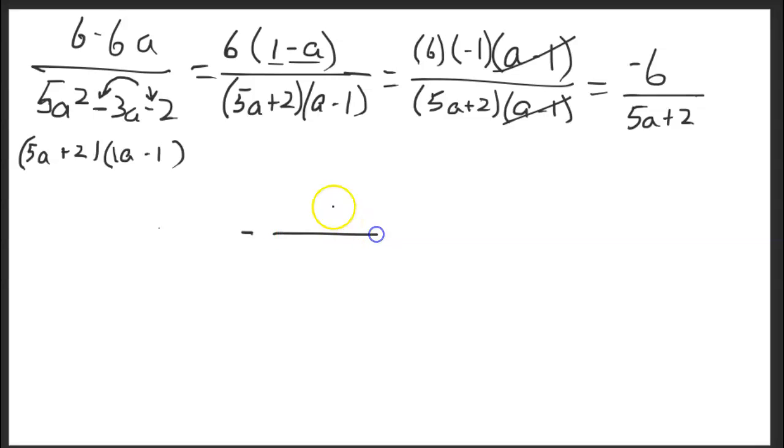I could also write it as negative 6 over 5a plus 2. I could also write it as 6 over negative 5a plus 2. Notice that I was careful to put the 5a plus 2 in parentheses because it's the whole denominator that is negative. Okay? So those are my options of how I can write a fraction that is negative.